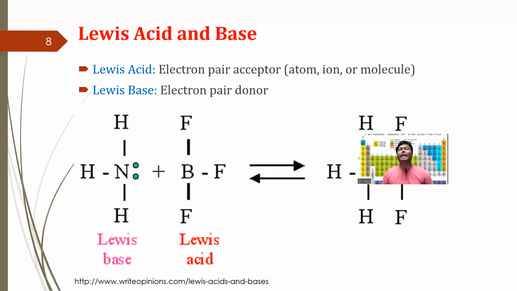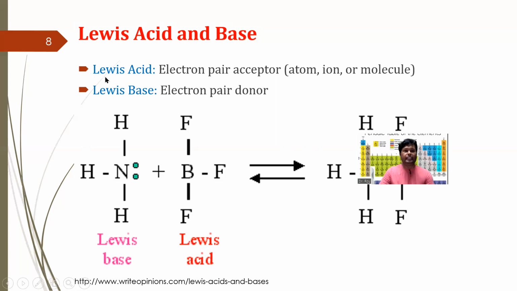But there are other compounds where we do not need to consider water. They have the characteristic that they can donate or accept a pair of electrons. So by the ability of donating or accepting an electron pair, we define some compounds as acid or base.